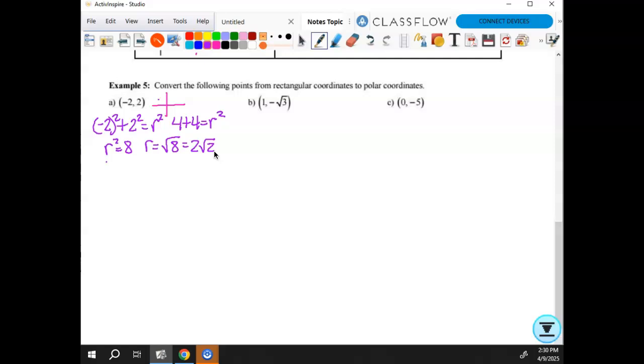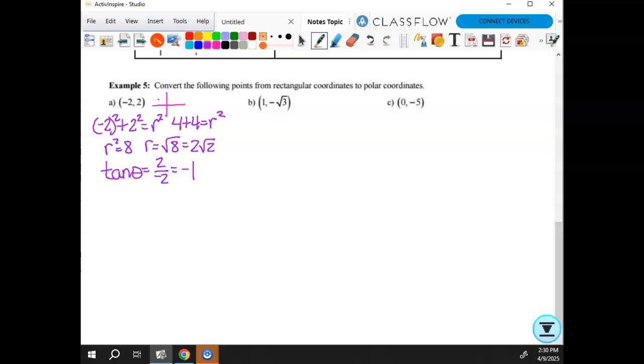Then I need my angle. I know that tangent theta is equal to y over x, so that's 2 over a negative 2, and that gives me a negative 1. Now, I'm not using the rules from when we did straight inverses and had to use the fourth quadrant. But tangent is negative in 2 different quadrants.